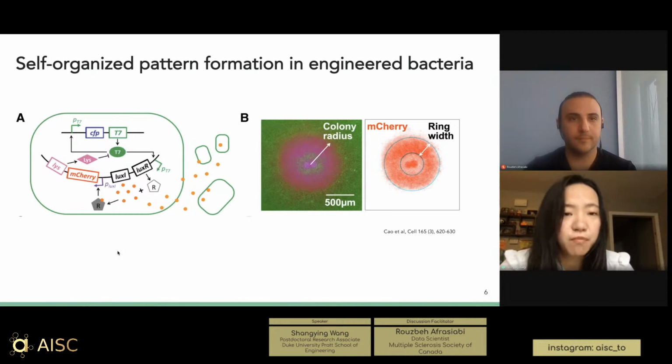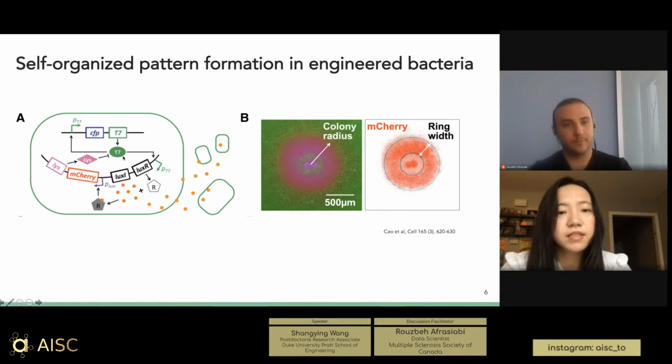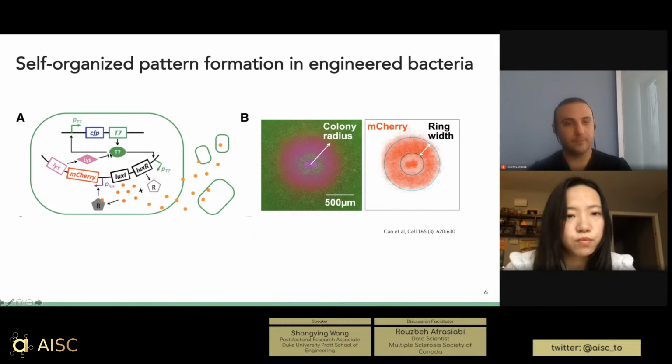I'll talk briefly about this circuit. First, gene T7 will produce a T7 protein. This T7 protein can behave like an RNA polymerase to promote the gene expression of LUX-R and LUX-I, and it can also promote expression of its own gene.